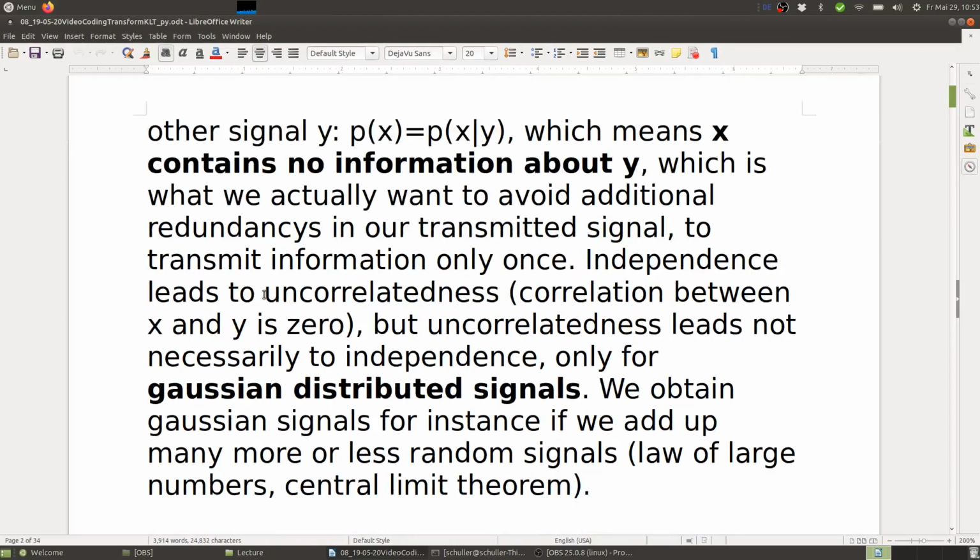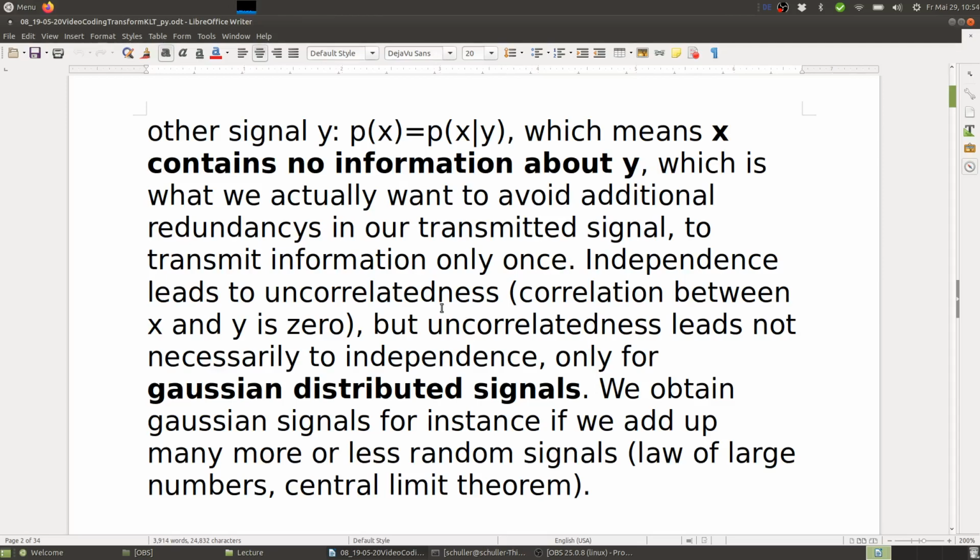Independence leads to uncorrelatedness, meaning the correlation between x and y is zero. But uncorrelatedness in itself does not necessarily lead to independence. This is only true for Gaussian distributed signals. This can be shown in probability theory, but it is a restriction. I mention uncorrelatedness because that's something we can easily compute.